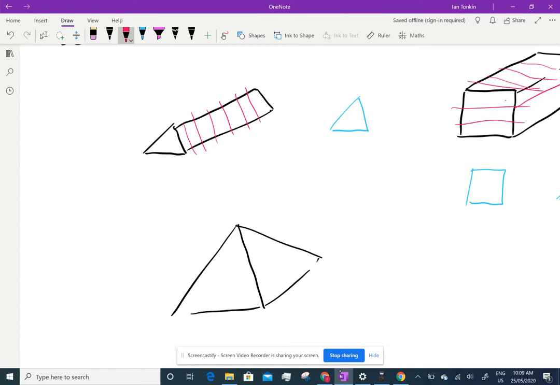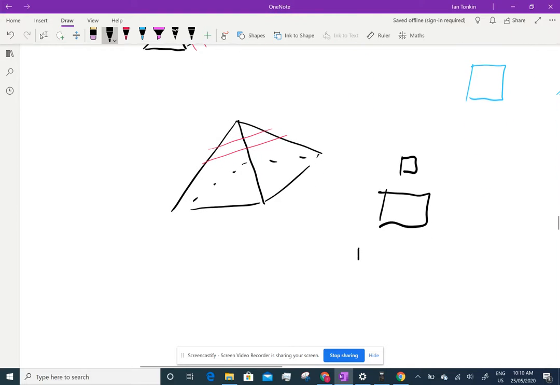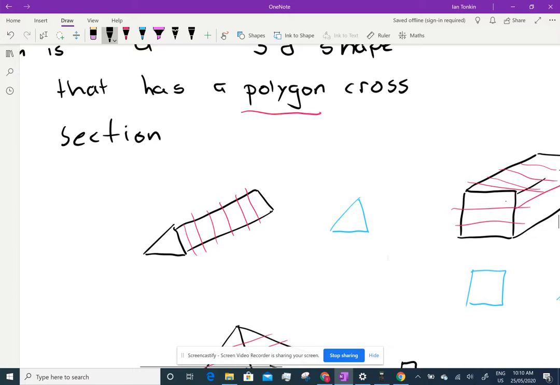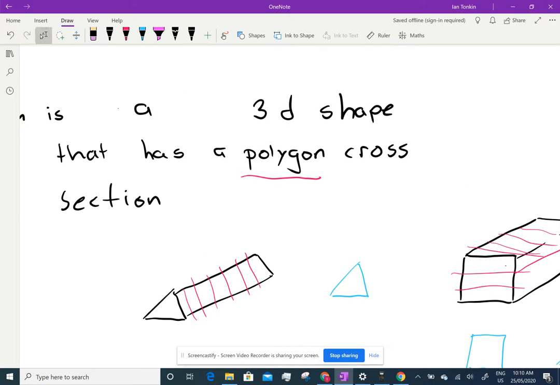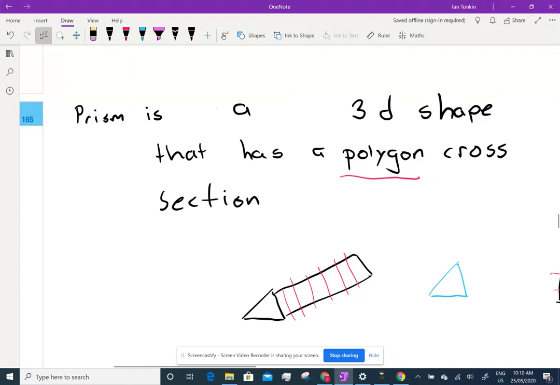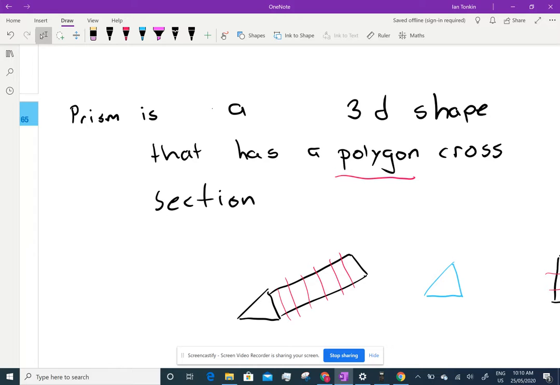If you slice it here, you cut off the top, and this is a square-based pyramid, you're going to get a square, but every square will be a bigger or smaller square, and you can't slice it any other way. So a prism, you have to be able to cut it and get the same cross-section every time.